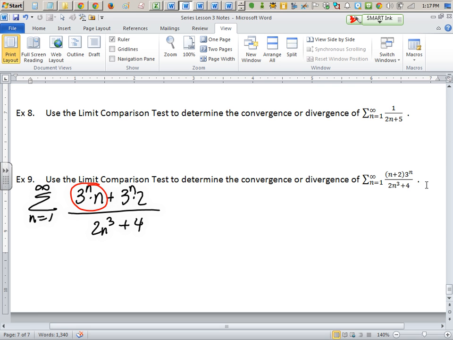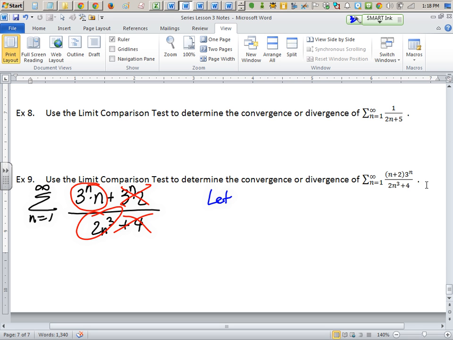Clearly this one wins, right? n is bigger than 2. I shouldn't have said 3n to the n. I meant to say 3 to the n times n. Sorry about that. Do the same thing on the bottom. You only get to choose one, and you have to choose one. You're going to have to pick this one to be the more influential term, right? So I think I can pick a very good B sub n series. It should resemble that.